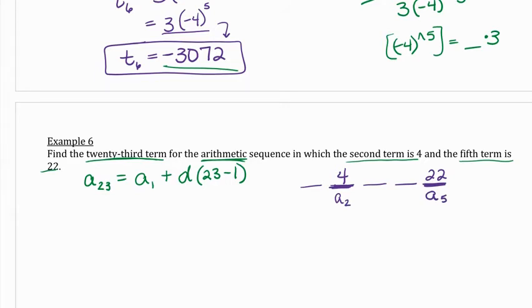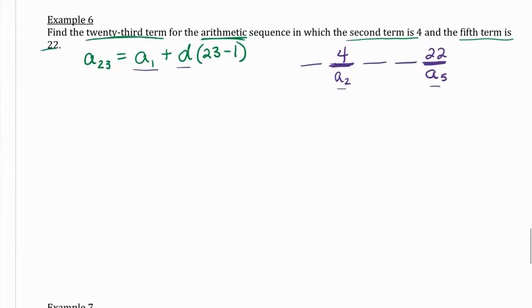There are 2 things we need to find out: the first term and the common difference. If we've got 2 variables to figure out, that means we need 2 equations. Well, I can make an equation for A2 and I can make an equation for A5. So our second term would equal our first term plus the common difference times, for the second term, 2 minus 1.